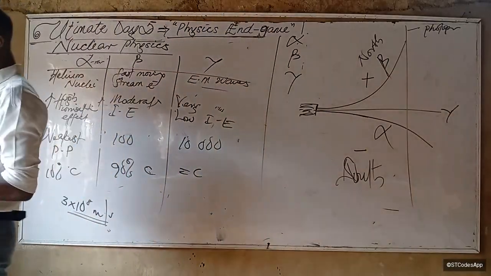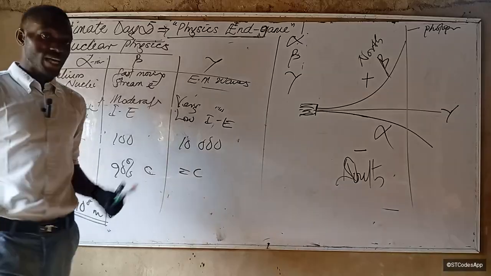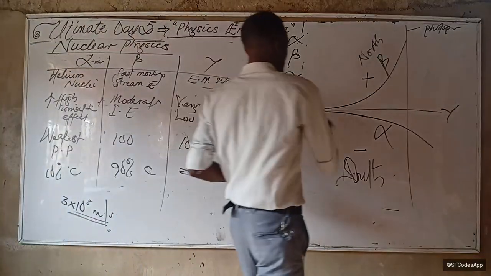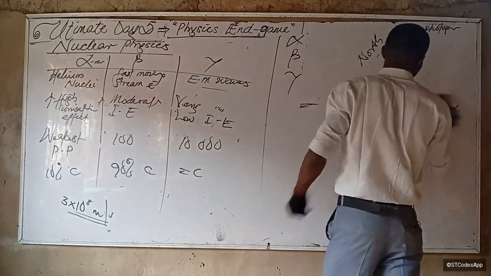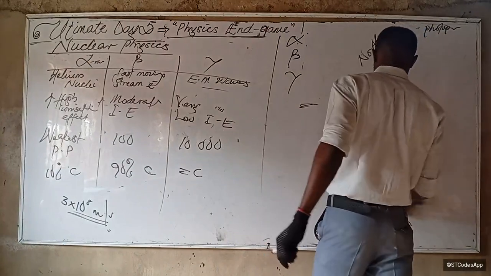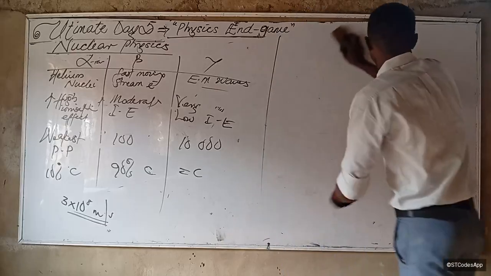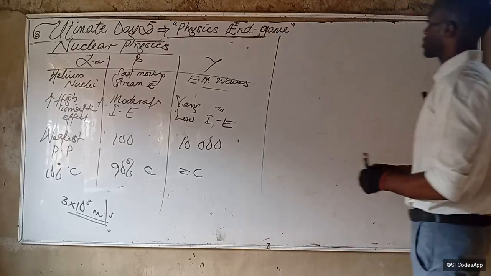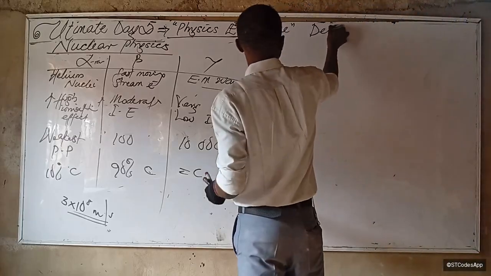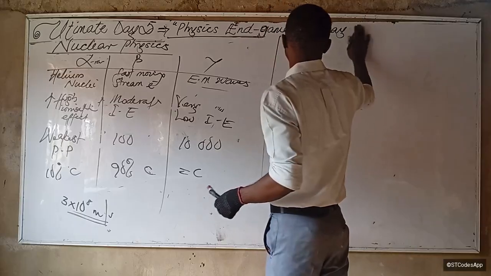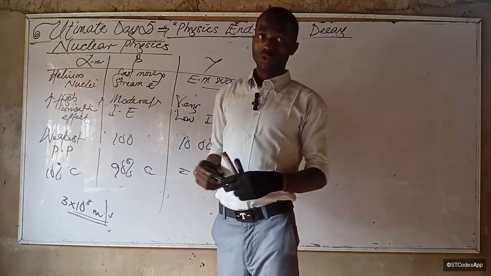So over time, many studies went into this field and they discovered what is known as radioactive disintegration. It is also known as decay. Radioactive decay. They discovered that it happened over time.